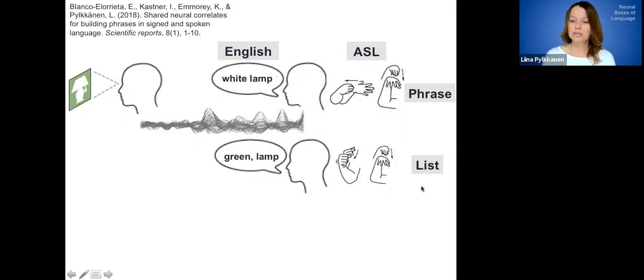And then during the list blocks, you're naming the background color and the object shape. And so there we were interested in seeing, would we replicate our usual composition effects for the phrase versus list contrast when really the categories stay very constant, and then how that would relate to what we see for sign language.